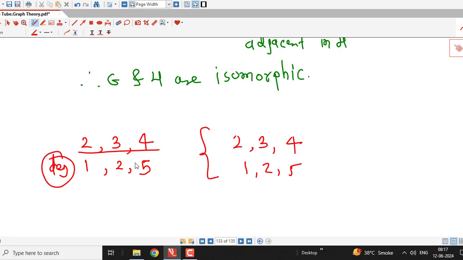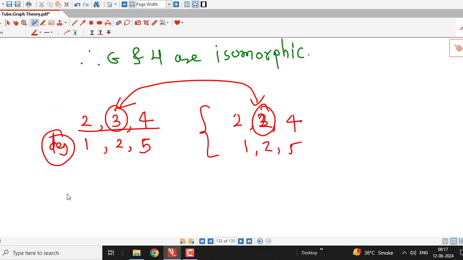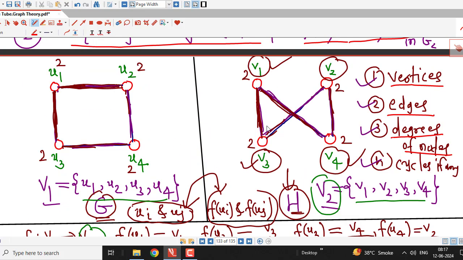Suppose here you have 3 vertices of degree 2 and there you have 2 vertices of degree 2, then you can directly write that the graphs are not isomorphic. So in that sense you have to check the degrees of vertices.